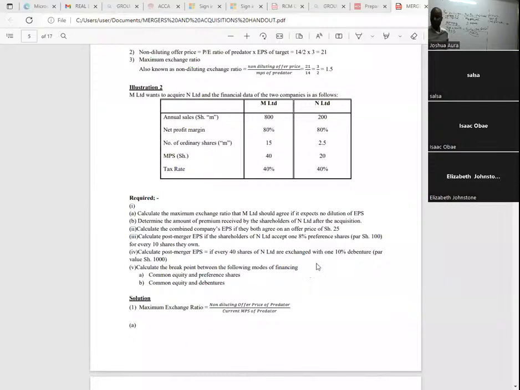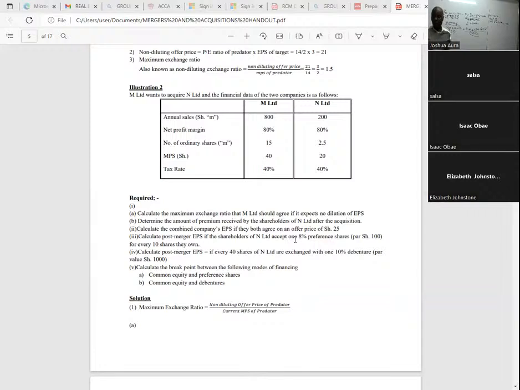Like here they have told me, we issue 1 preference share for every 10 shares they own. And this 1 preference share they are giving out is exactly equal to 100 bob. So basically that means that I'm giving away 100 Kenya shillings for every 10 ordinary shares that I will acquire.